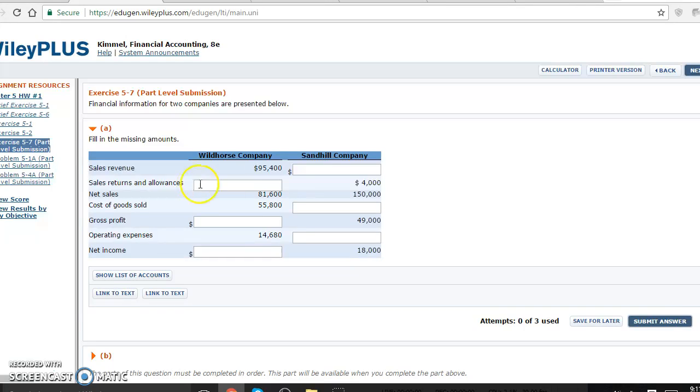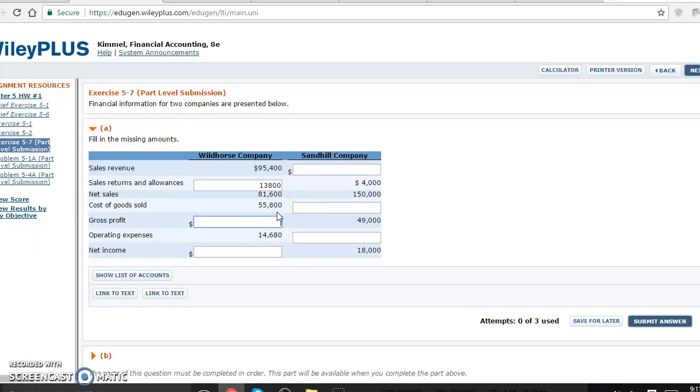So in this case, it will be 95,400 minus 81,600, which in this case will be $13,800. Now we know that gross profit is equal to net sales minus cost of goods sold.